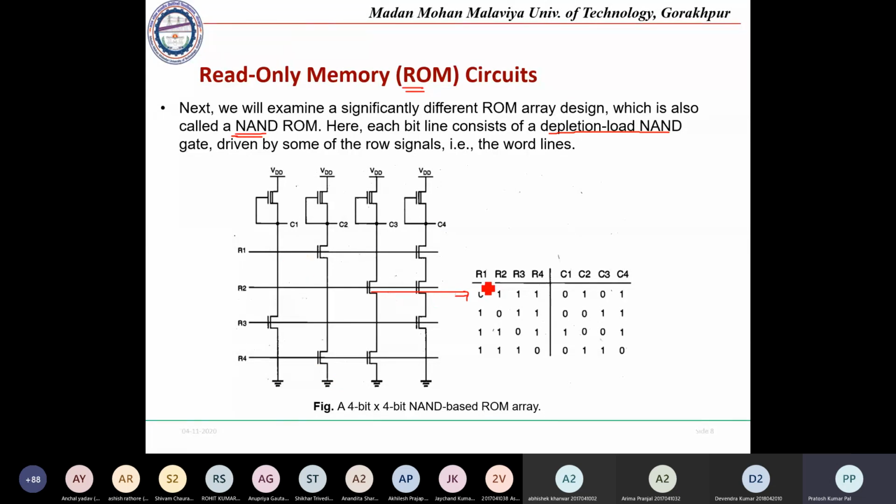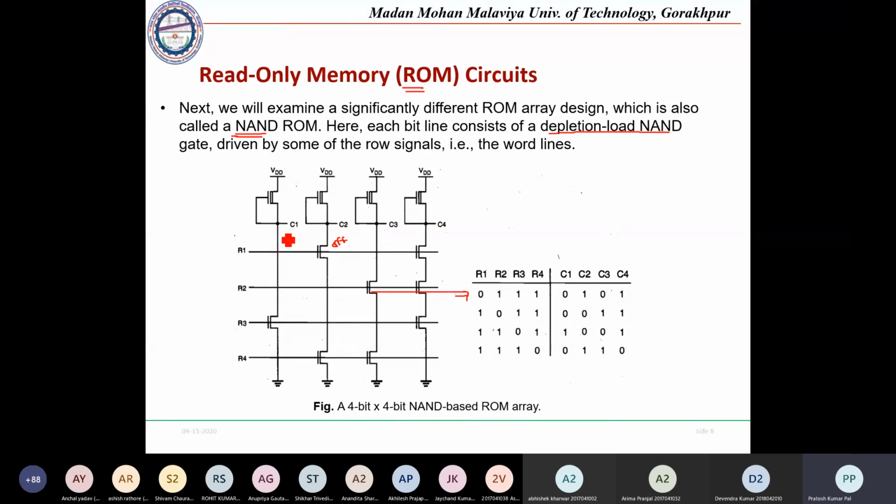So once R1 is 0, that means this transistor is off. If this is off and all other transistors, we have to find out the C1, C2, C3 and C4 values. In case of C1, there is no transistor, so we'll leave it.